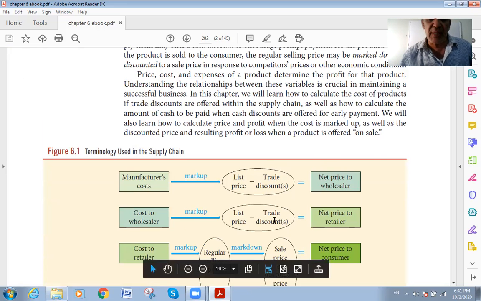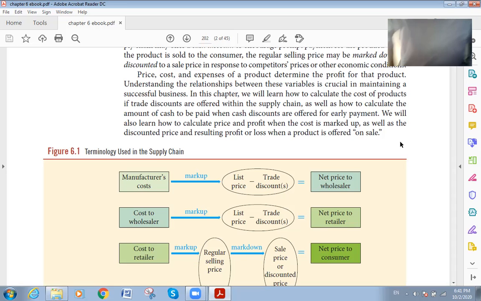And this is rule number one, which I want you to know: net price equals sales price or list price minus discount.